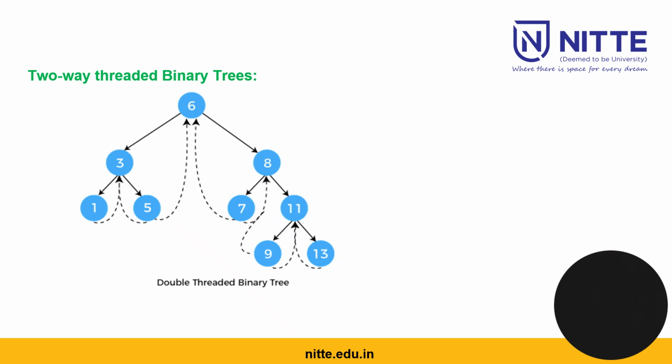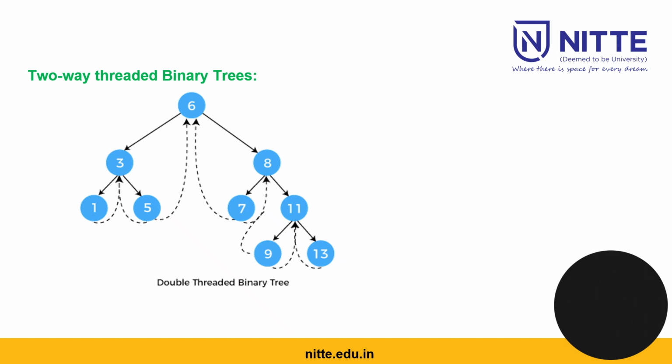Now the two-way threaded binary trees. So what happens in a two-way threaded binary tree? If you take this one, it will point to its previous node, that is 3, and here 5 also will point to its previous one. That is, there is a path from 3 to 1 and again from 1 to 3 there.